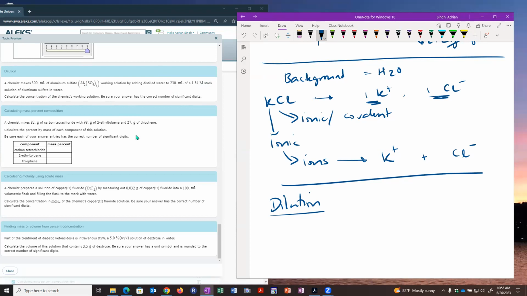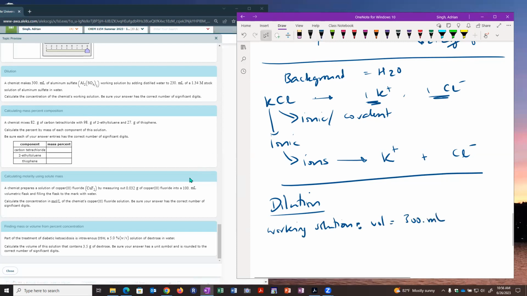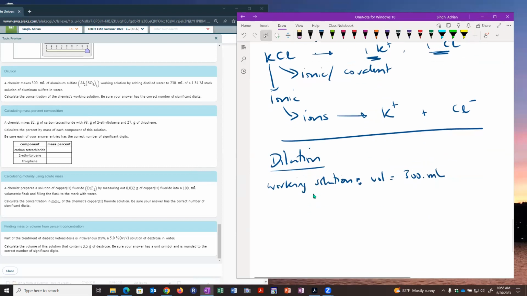All right, so let's see what information we're provided with here. The working solution, so the volume is 300 mils. And then the stock solution that you use to make that working solution, the volume of that was used was 230 mils.